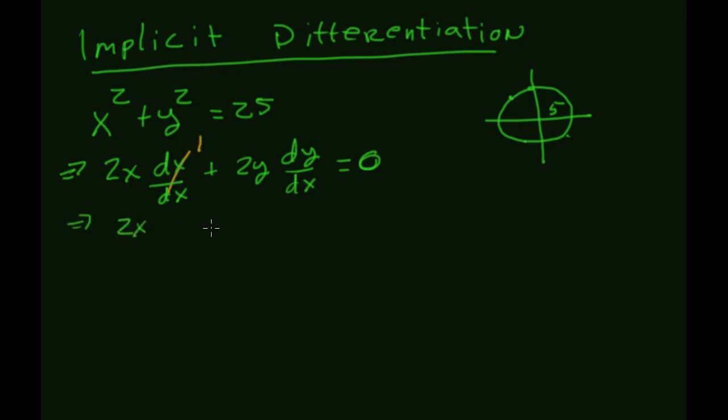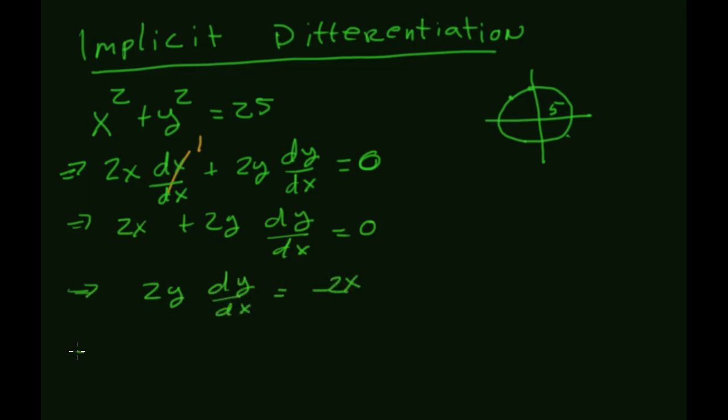This is 2x plus 2y dy/dx is equal to 0. Well, if I subtract the 2x from both sides, I get 2y dy/dx is equal to negative 2x. And if I divide both sides by 2y, I get dy/dx is equal to negative x over y.